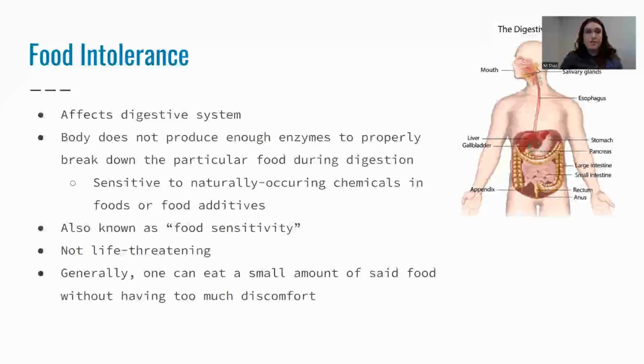In food intolerances, your body does not produce enough enzymes to properly break down that particular food during digestion. Enzymes are these cells that, whenever we eat food, come and break it down more for us. If you don't have those enzymes to break down that food, that's what causes some of the symptoms that we'll talk about.